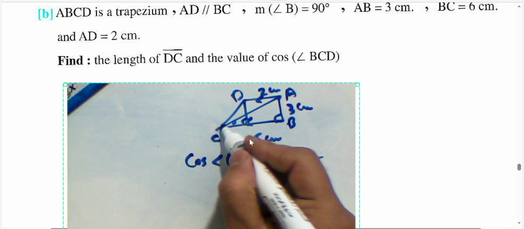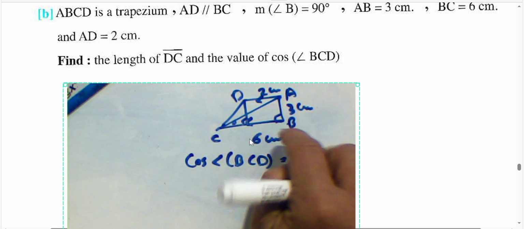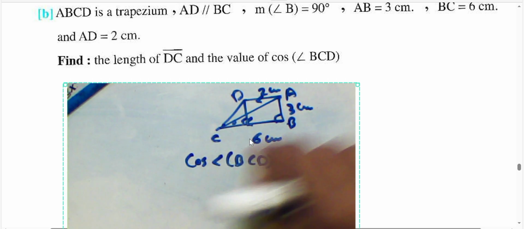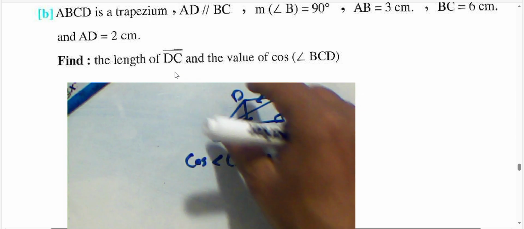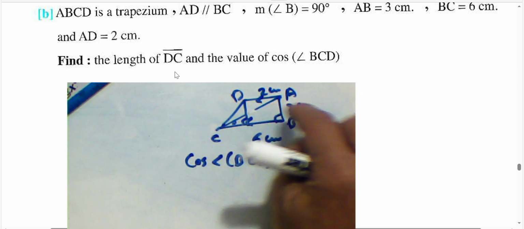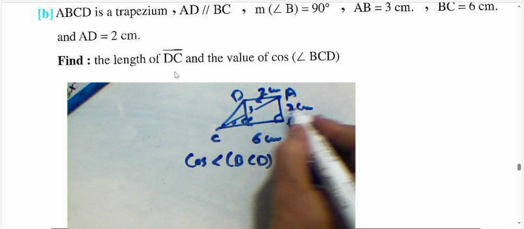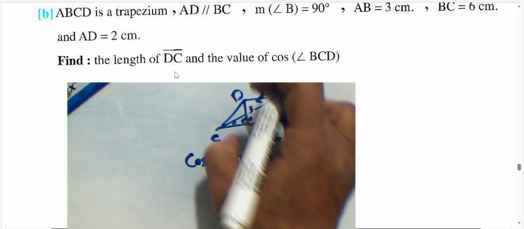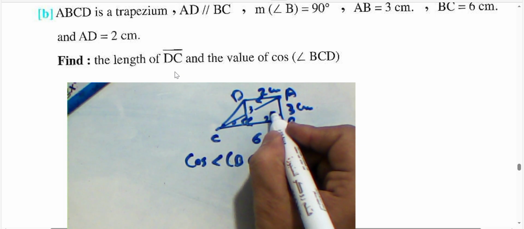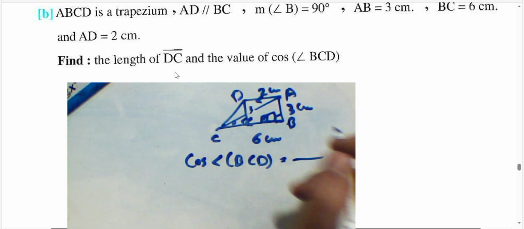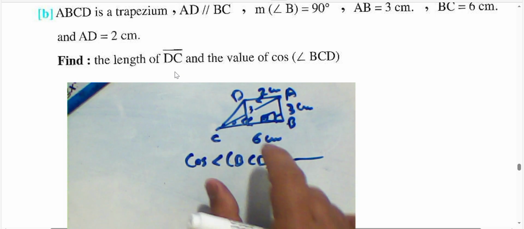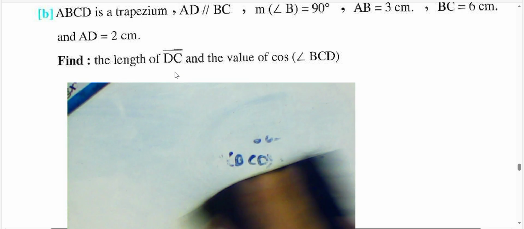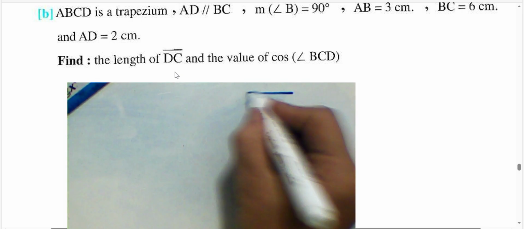This length. We can find DC first. Look here, this line segment will be 3 centimeters also. Opposite sides of a rectangle are equal, 3 and 3, and this line segment is 2 centimeters also. The 2 centimeters, and this 6 centimeters. 6 minus 2 equals 4. Then we can find the length from the Pythagoras theorem.